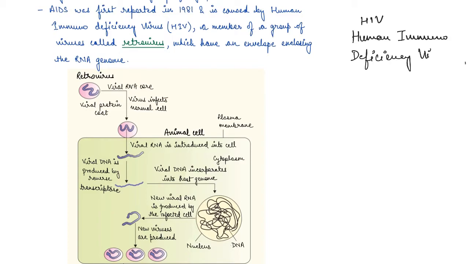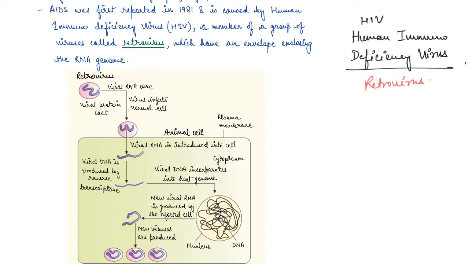The virus has an envelope which encloses an RNA genome. So it is a type of virus which has an envelope, and inside that envelope you have the RNA of the virus. Here, the structure that you see, and inside you have the RNA. This is the retrovirus.